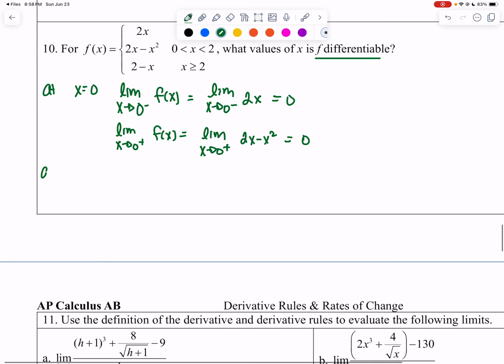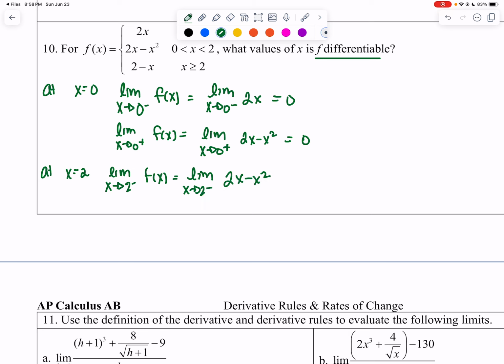At x equals 2, I'm going to do the same thing. The limit as x approaches 2 from the left of f of x is 2x minus x squared. If I plug in 2, that gives me 4 minus 4, which is 0.